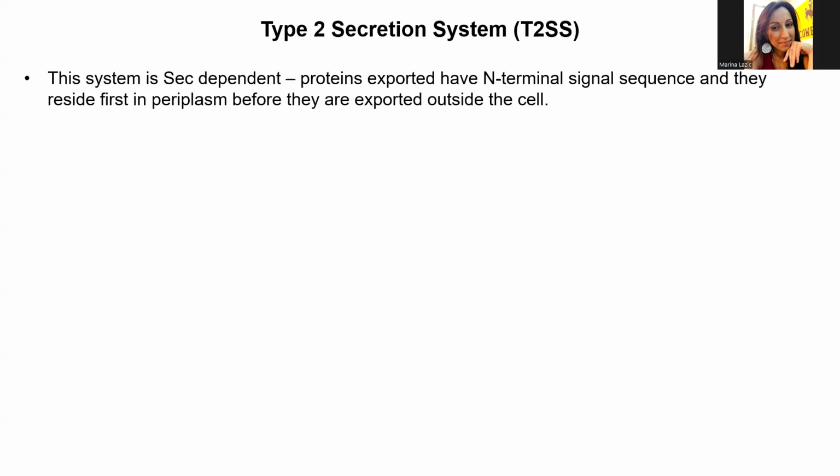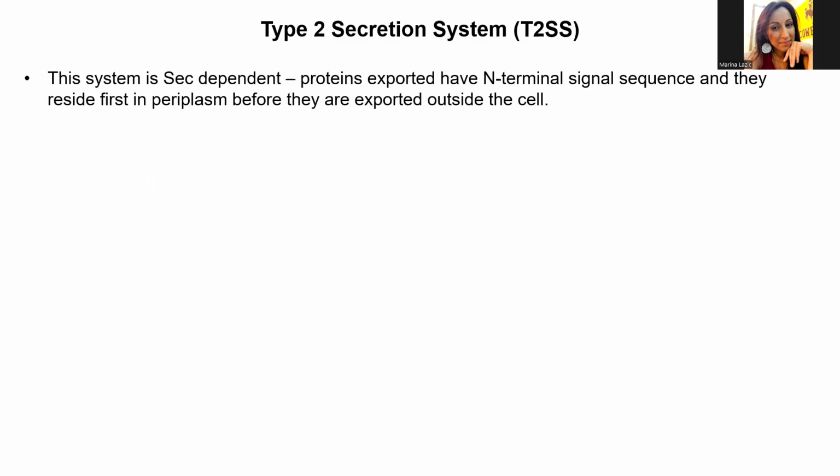But what this literally means is that proteins exported through this system have to reside some time in the periplasm. So it's not a continuous structure like in the case of types 1, 3, 6, and 4, 5, 4 actually, and 7 and 9. Types 2 and 5 have that periplasmic event where the protein has to reside in the periplasm a certain amount of time.